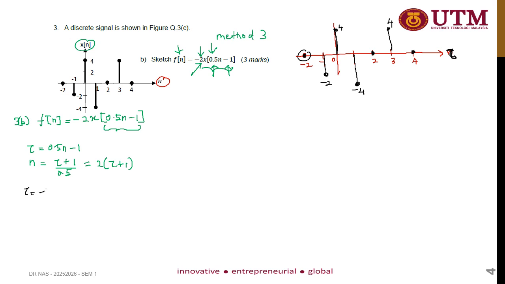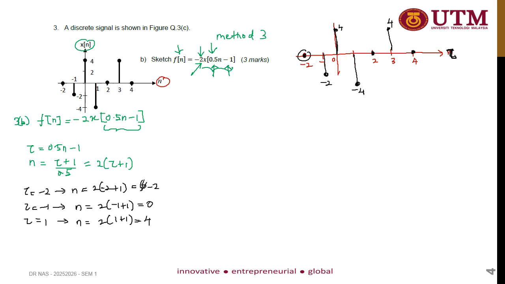When tau equals minus 2, your new n equals 2 times minus 2 plus 1, which is minus 3. Next tau equals minus 1: n equals 2 times minus 1 plus 1, which is minus 1. Tau equals 0 gives n equal to 1. Sorry, for tau equal to 1, n equals 2 times 1 plus 1, which is 3.